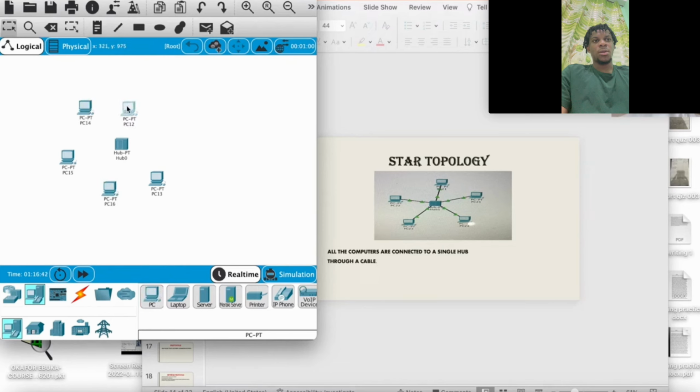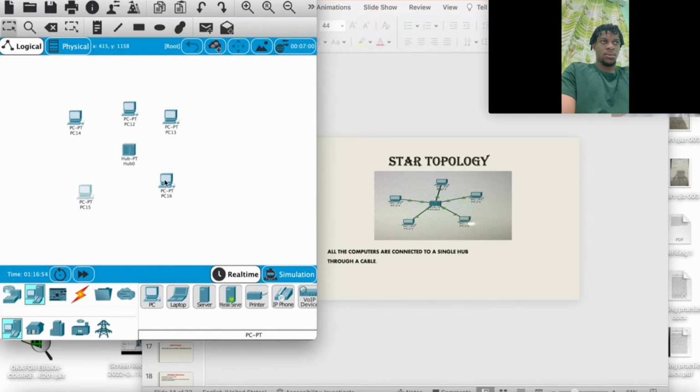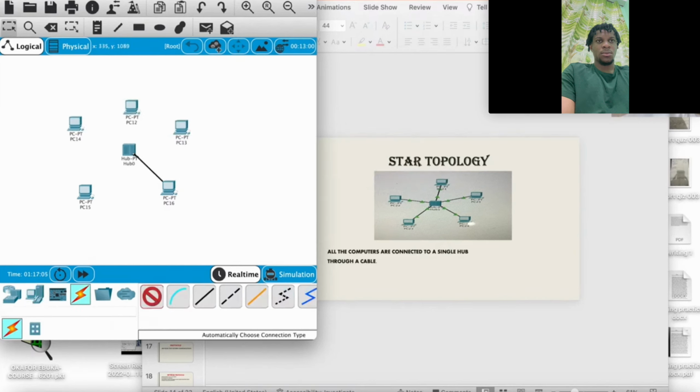So all the computers are connected to a single hub through one cable. Completed.